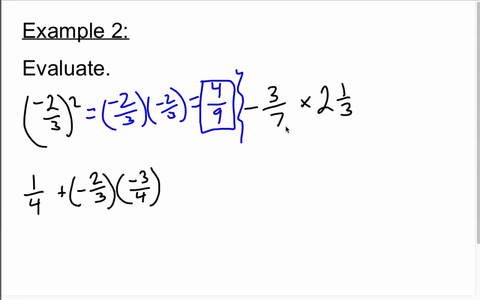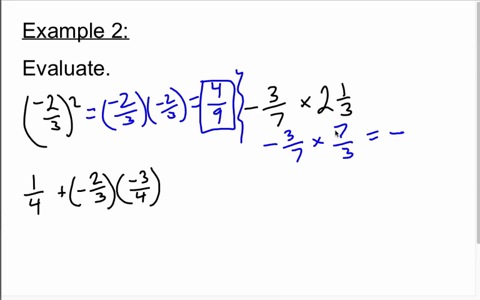Okay, next we have this mixed number. So let's change that into an improper fraction. That makes it a lot easier to multiply. We have negative 3 out of 7 times, well, 2 times 3 is 6 plus 1 is 7, so we have 7/3. We have a negative number times a positive number gives you negative.